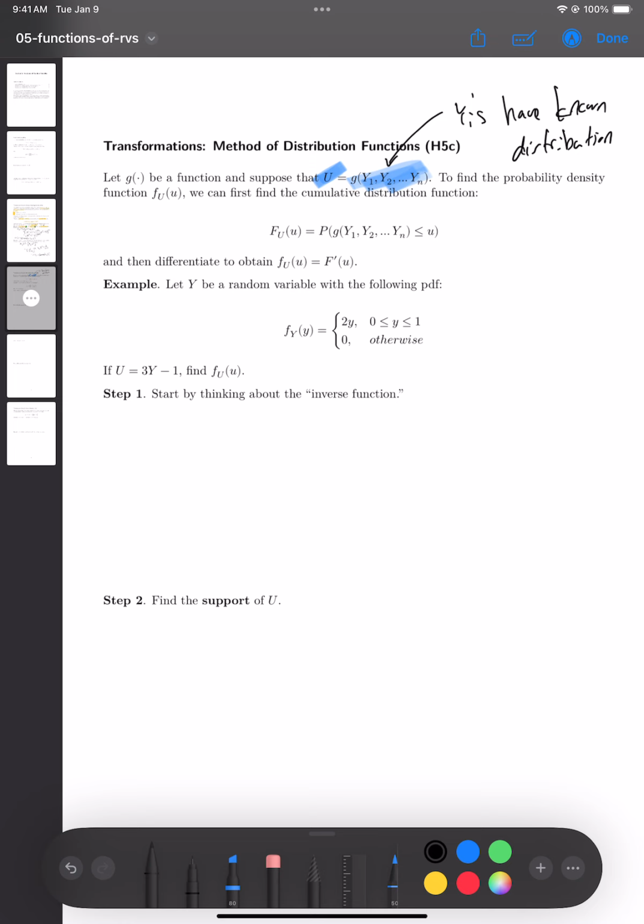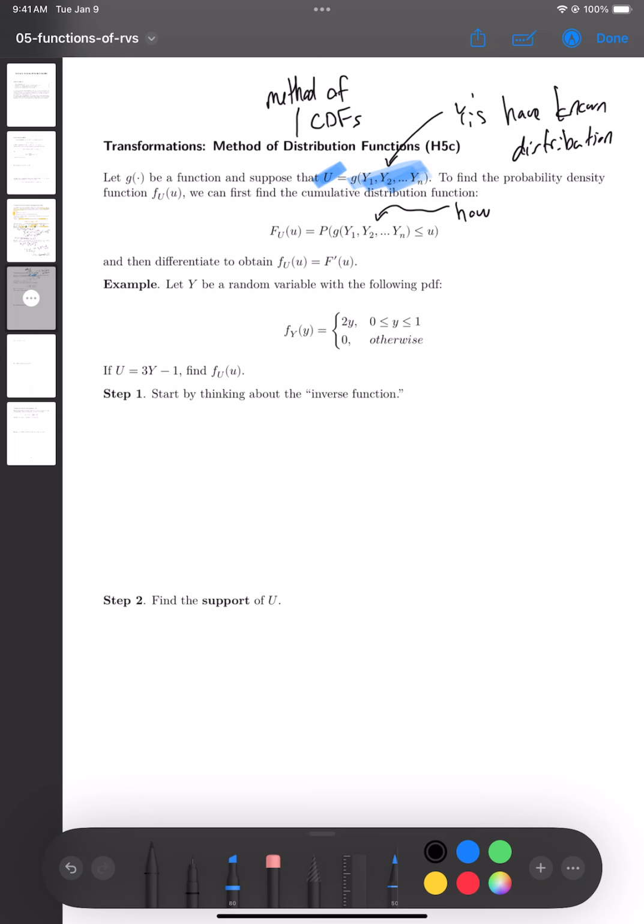Okay, so sometimes this method of distribution functions is also called the method of CDFs. Distribution functions refers to cumulative distribution functions, something we talked about earlier in the semester, that are now going to come back. And so what we are going to do here is find the CDF of u just by the definition of a CDF.